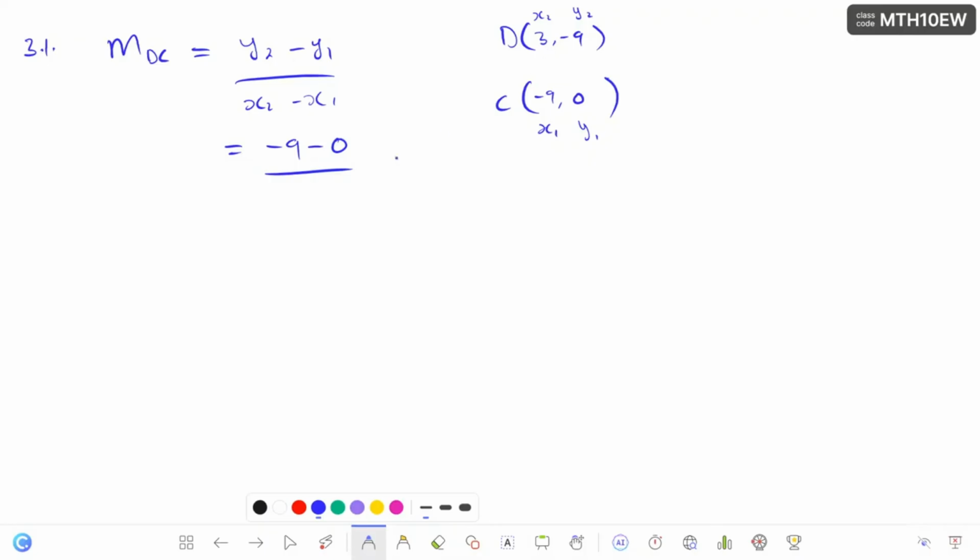Then we are going to say 3 minus 9. So using our calculator, we're going to get our gradient as -3/4.